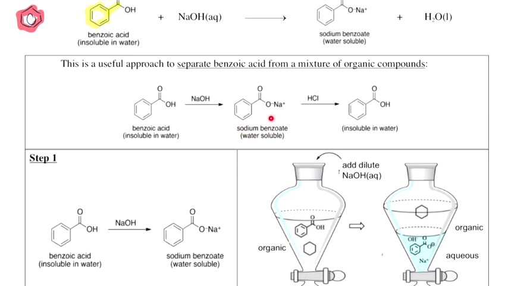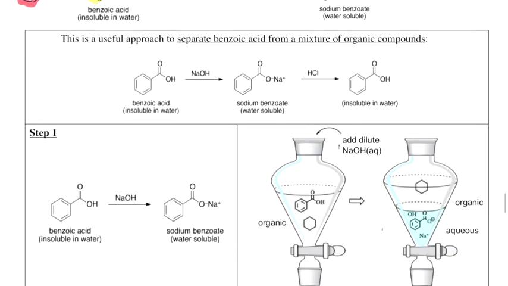So the water soluble sodium benzoate will form the aqueous solution, which is going to form different layers with other organic compounds solution. And then we can simply take that aqueous solution and treat it with hydrochloric acid, and then we will be able to turn it back into the insoluble substance, the benzoic acid.